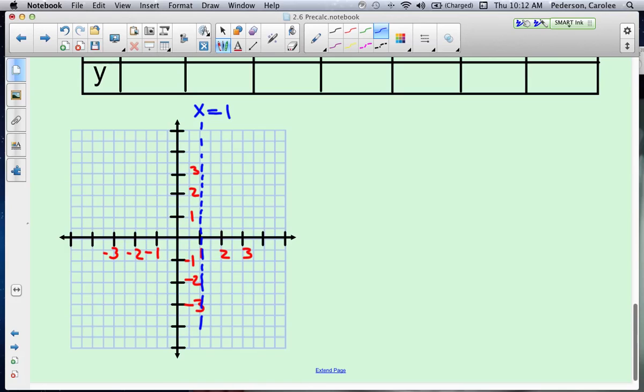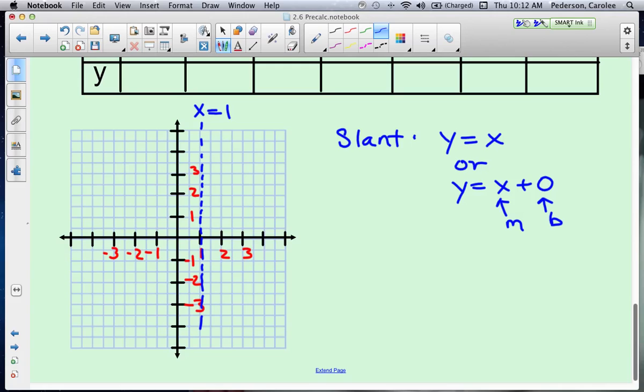Where is the horizontal asymptote at? There wasn't one. So I go on to the slant. The slant was at the equation y equals x, or y equals x plus 0, where again, this is my slope, that's my y-intercept. So I graph that line.